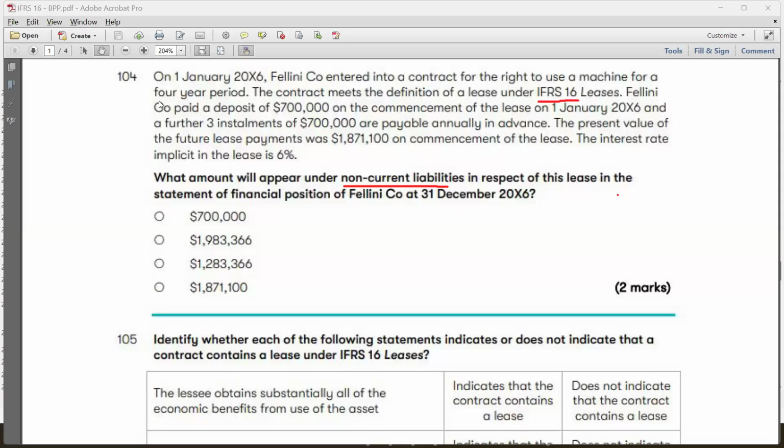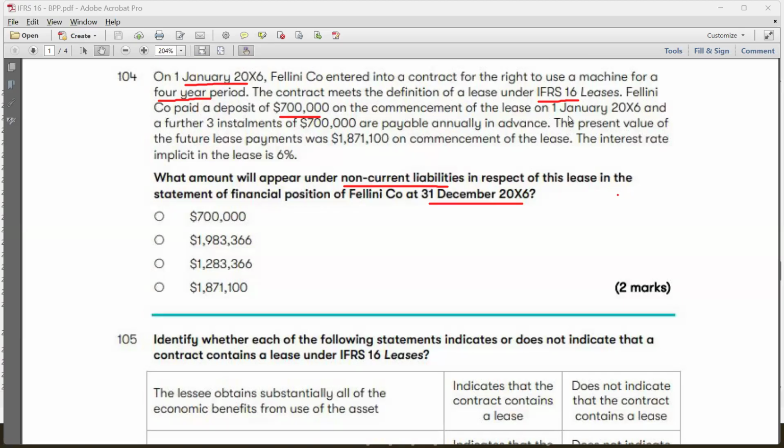The important details to underline: the year for which we have to provide, that is 31st of December 20x6, and the start is 1st of January 20x6. Felony Co. paid a deposit of 700,000 on the commencement of the lease on 1st of January 20x6. So when the lease started, they had paid the advance payment.